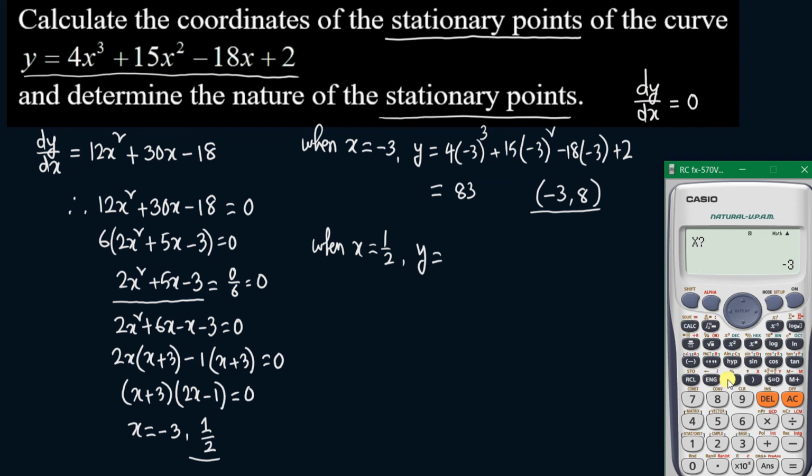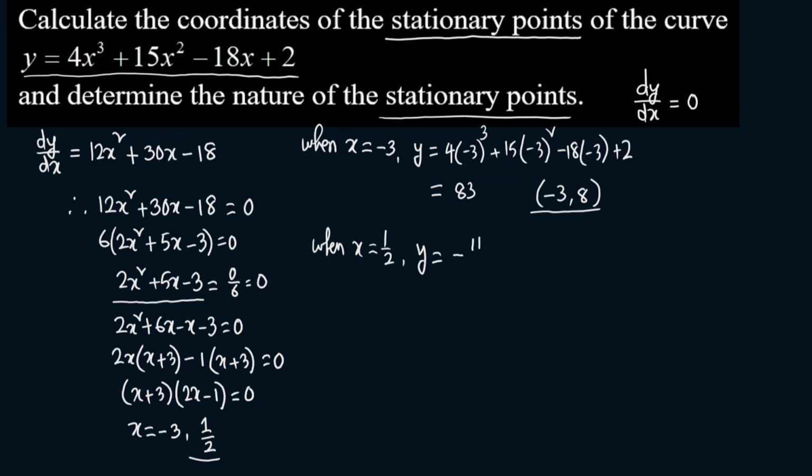So we put half, 1 by 2. Now press equals, it gives us minus 11 by 4. So our second coordinate is half comma minus 11 by 4.